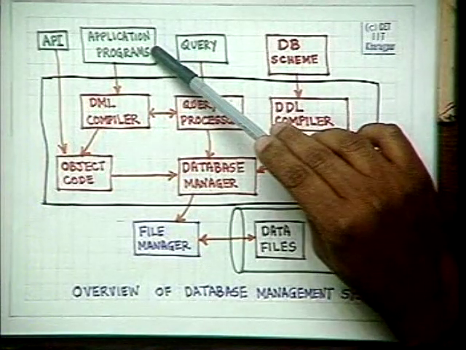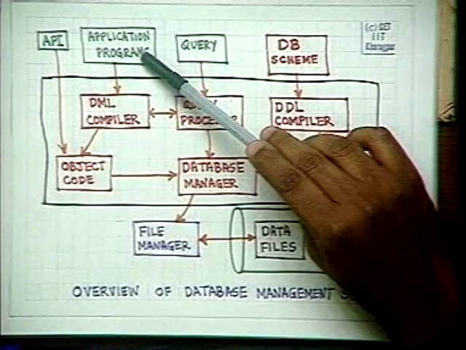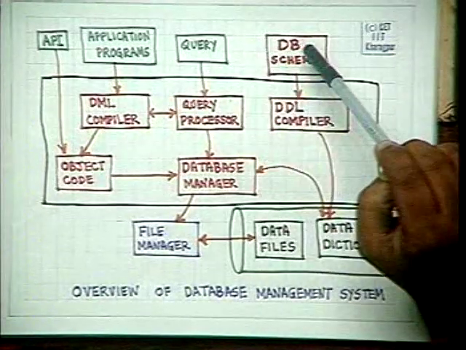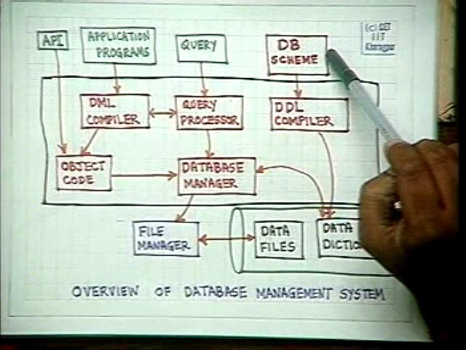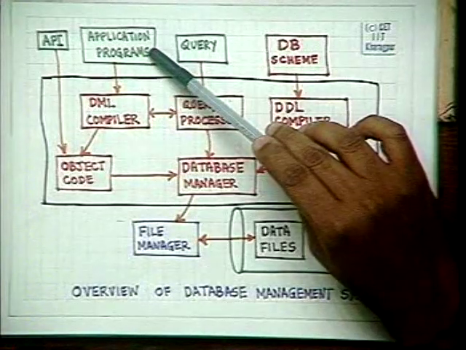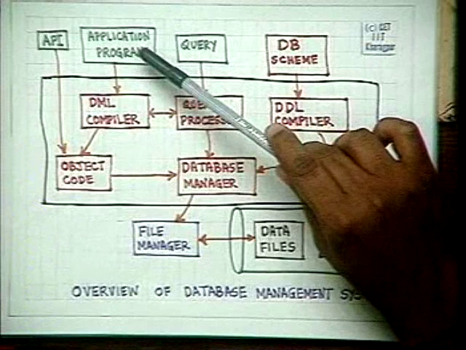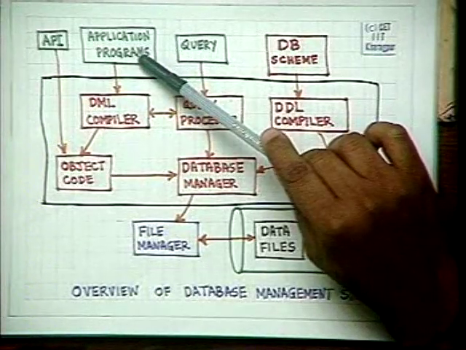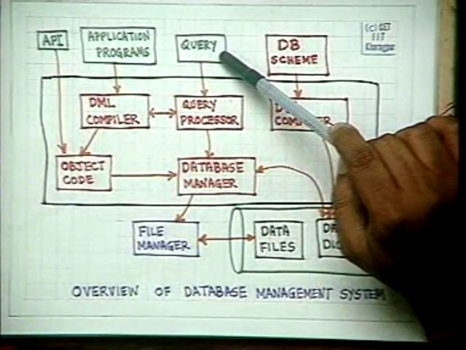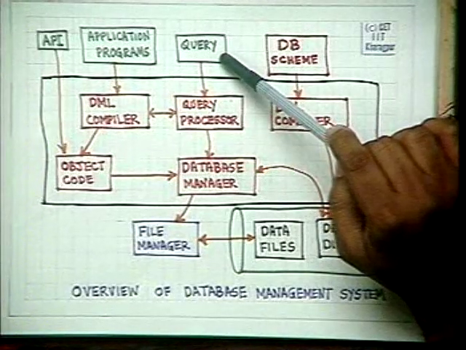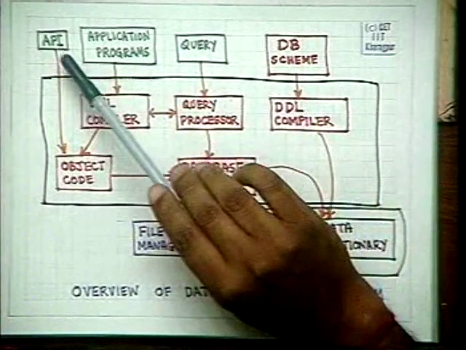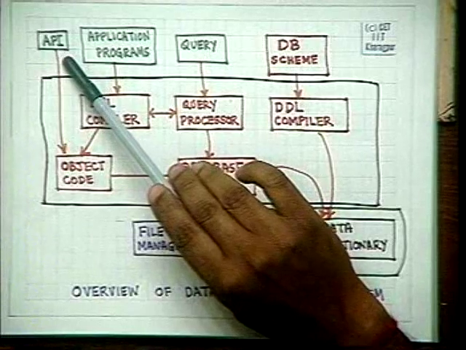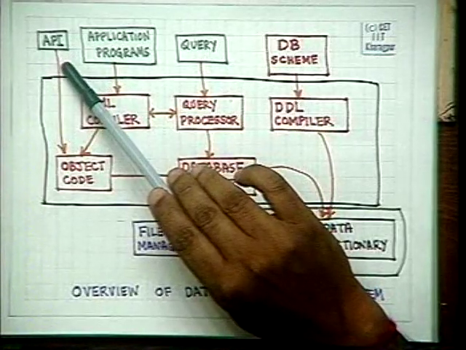Application programs may be written. These application programs are going to process the data which is defined in this database scheme. Among the application programs which process it, generation of data is also part of this processing. Queries are questions which are asked to this database for retrieval. And APIs, or application programming interfaces, are menu driven interfaces.